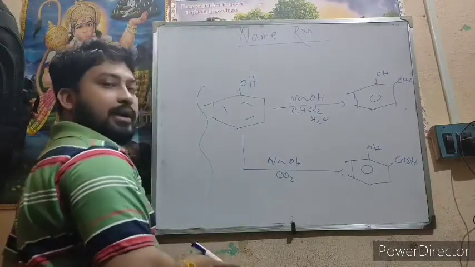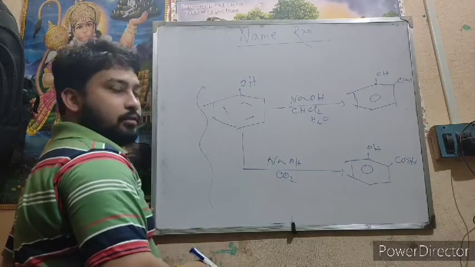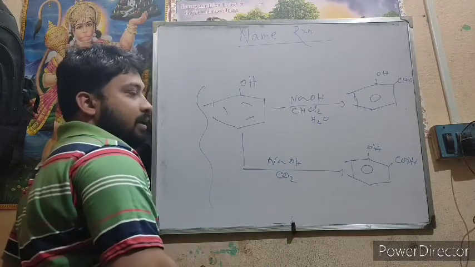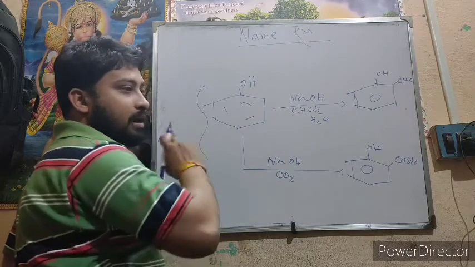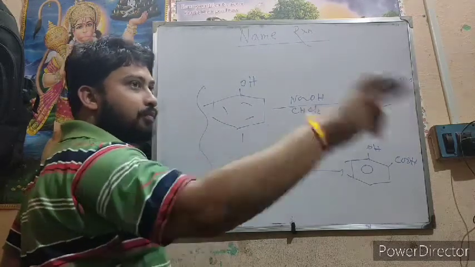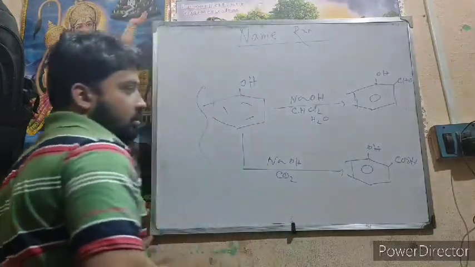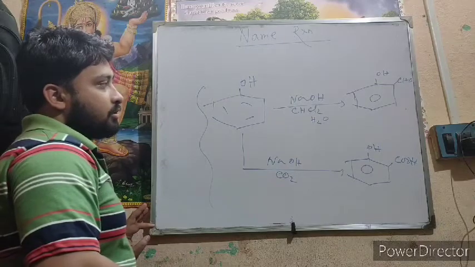Just open your NCERT, you take it or you copy it. I give you all the mechanisms in the last video of organic chemistry, from haloalkanes and haloarenes to nitrogen organic compounds.